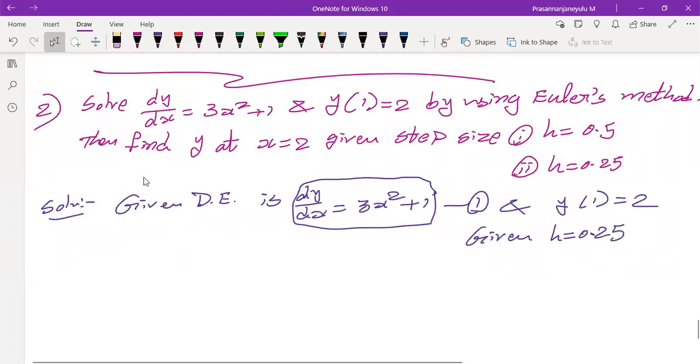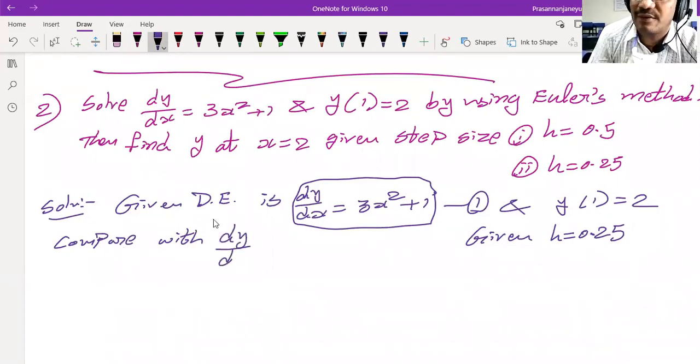So now what we have to do, compare this differential equation with the general form of first order first degree differential equation. Compare with dy by dx equals f of x comma y.